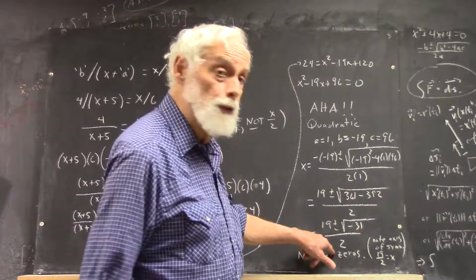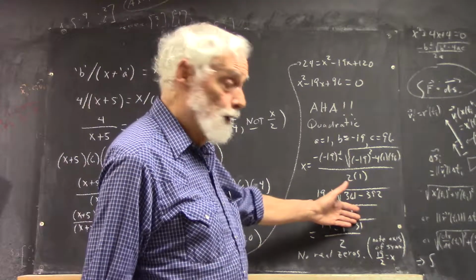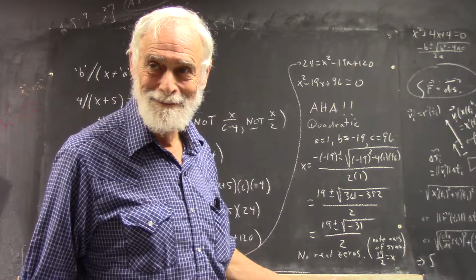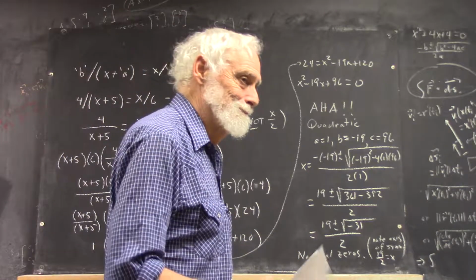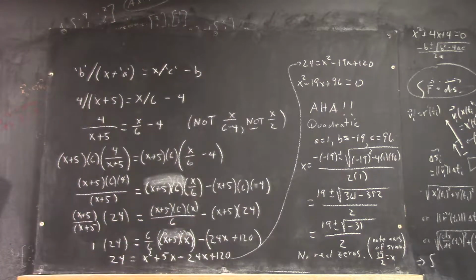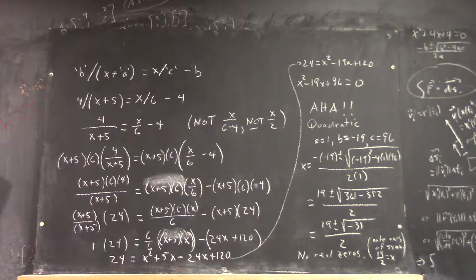Right there's your axis of symmetry. So even though you don't have zeros, the axis of symmetry is still halfway between them. So I do recommend you practice such things.